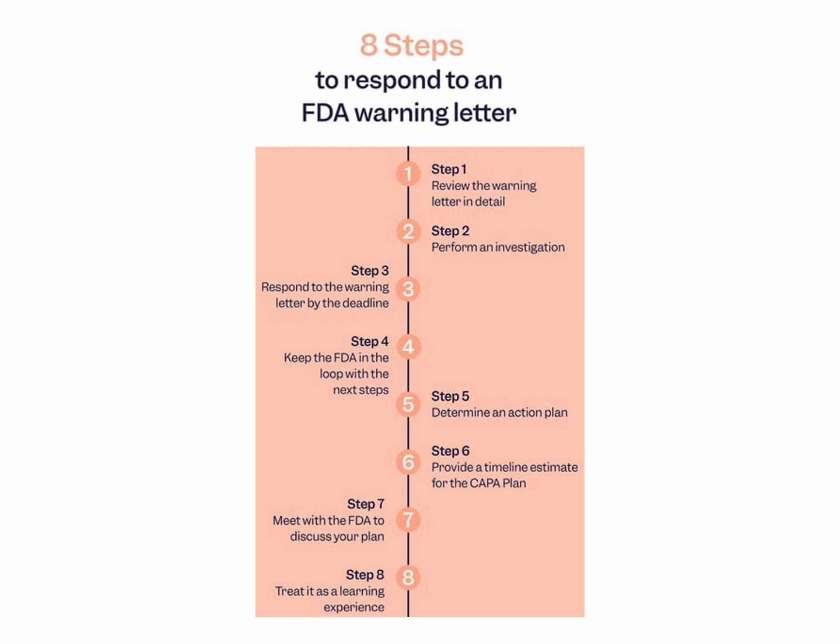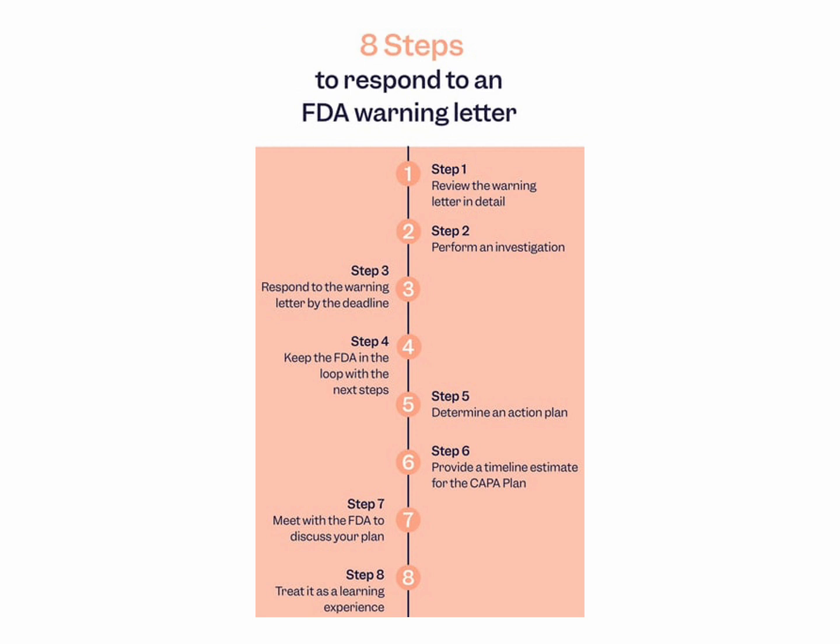Now here, these are several steps to respond to an FDA warning letter. Step 1 is to review the warning letter in detail. Step 2 is to perform an investigation. Step 3 is to respond to the warning letter by the deadline. Step 4 is to keep the FDA in the loop with the next steps.